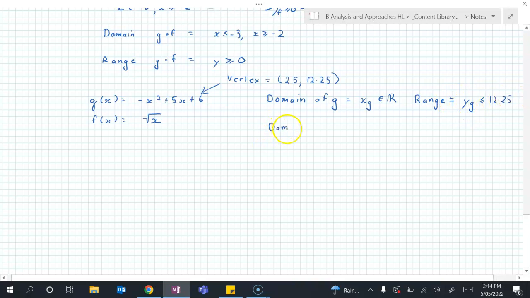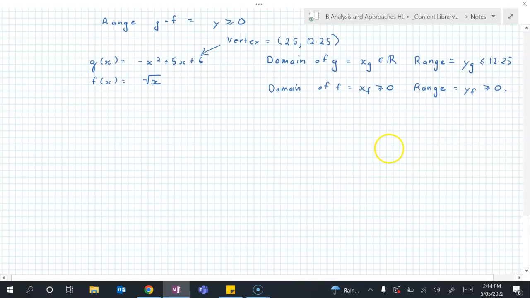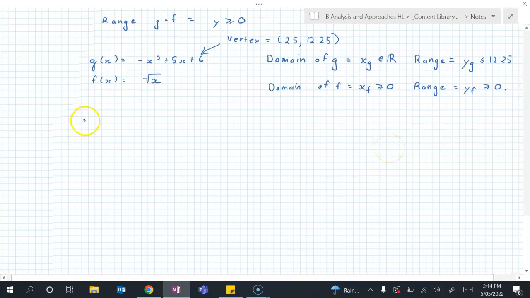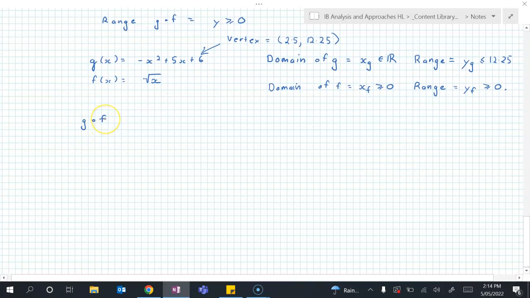Now the domain of f, I can only ever put positive values, positive or 0, underneath the square root sign. And then the range again, because this is the positive square root value, y of f is greater than or equal to 0. So what I'm going to do now is g composed with f.